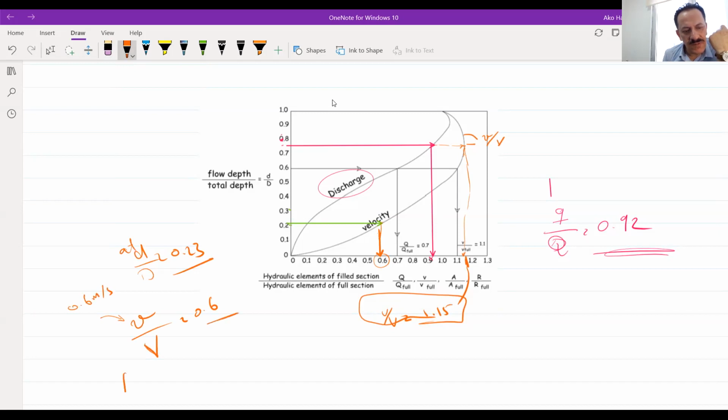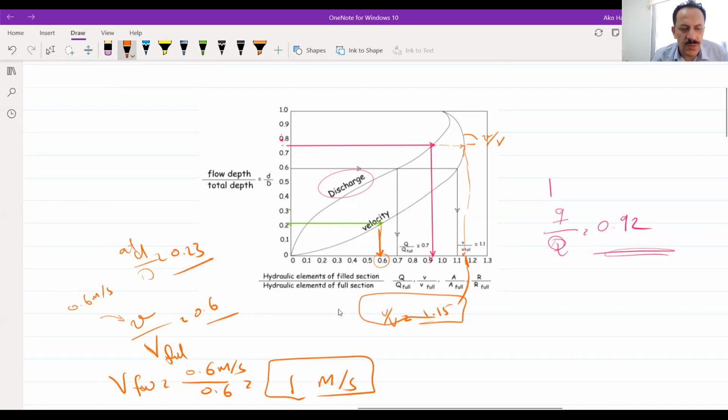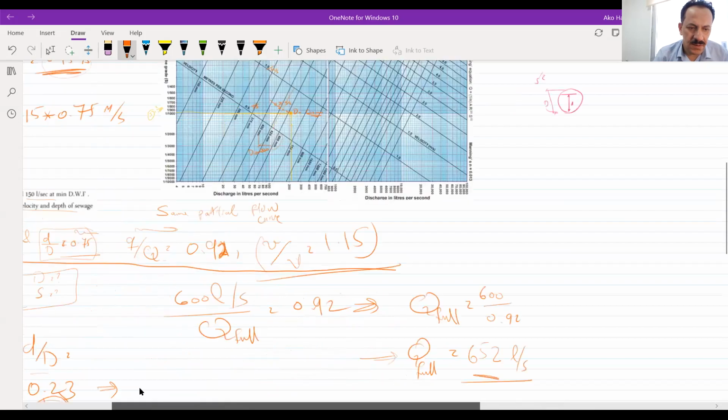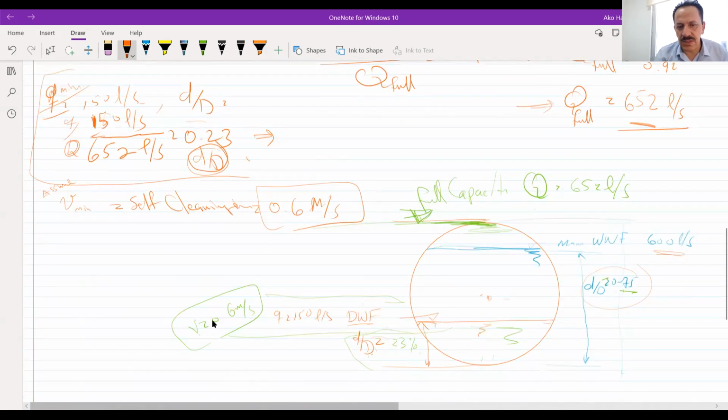So what will be the V full? The V full is equal to 0.6 meters per second divided by 0.6, which means it will be equal to 1 meter per second. Now, when I have the V full, equal to 1 meter per second, back here, this sewer can hold Q of 652 liters per second, and it has a V full of 1 meter per second.